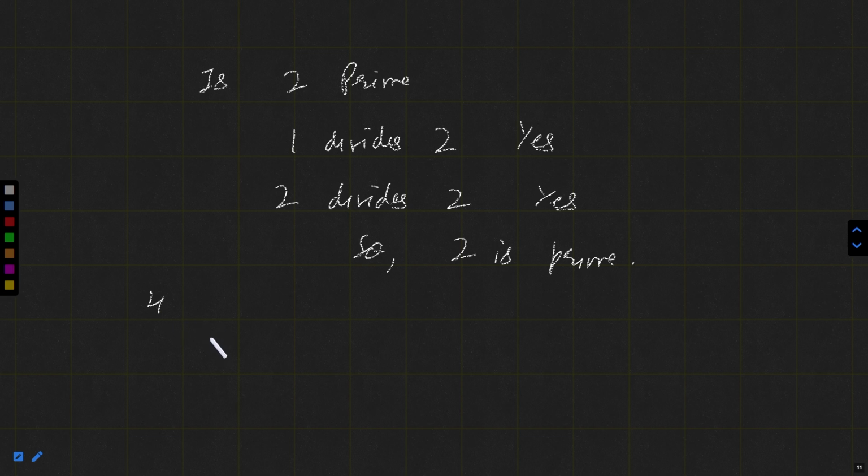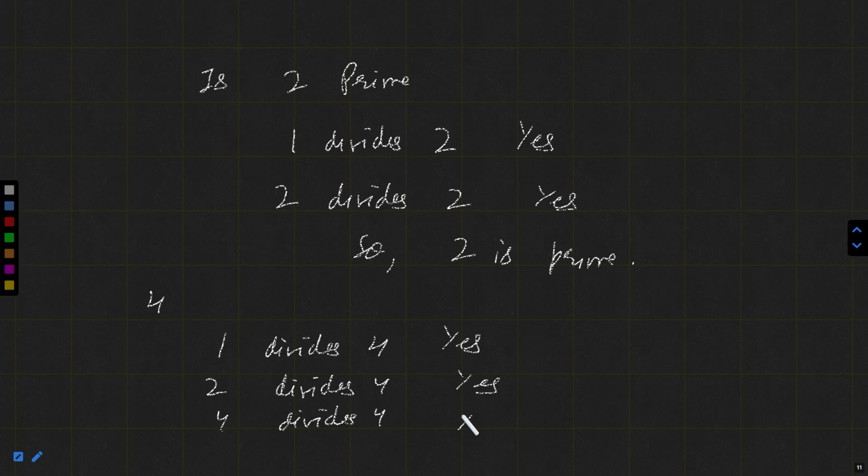Let's see the factors. 1 divides 4, yes. 2 divides 4, yes. 4 divides 4, yes. So we have 3 factors, with 2 as an extra factor.